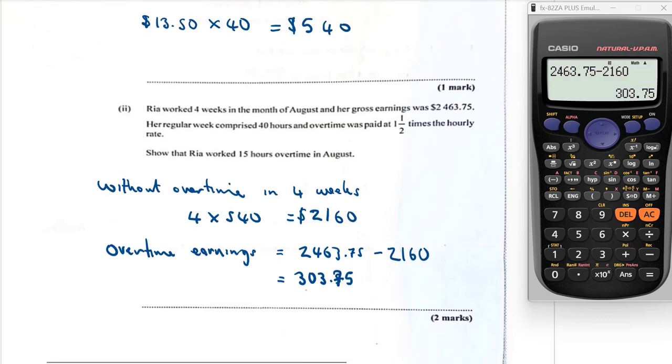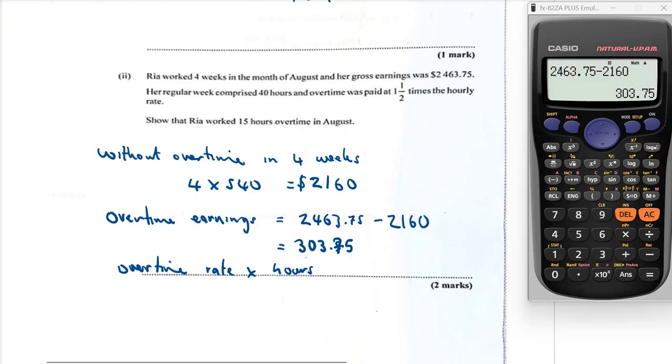So now remember that overtime earnings is equal to the overtime rate times the hours. So we need to show that she worked 15 hours of overtime. So let's find the overtime rate.